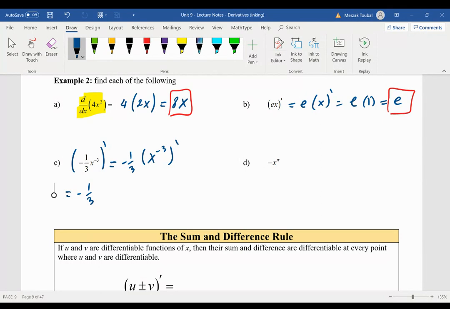So negative 1/3. Derivative of x to the negative 3 is negative 3 x to the negative 4. Now we just need to simplify. Negative 1/3 times negative 3, that's a 1. So 1 times x to the negative 4, which is 1 over x to the 4.